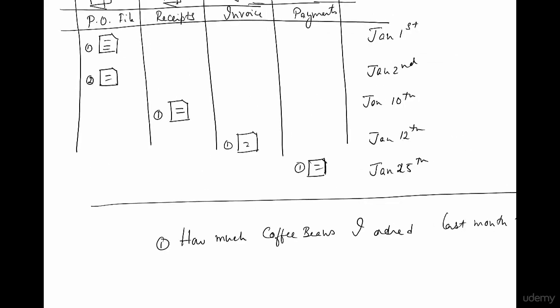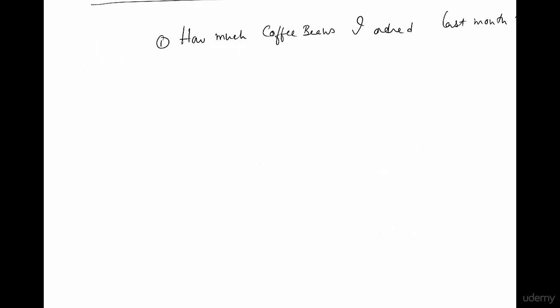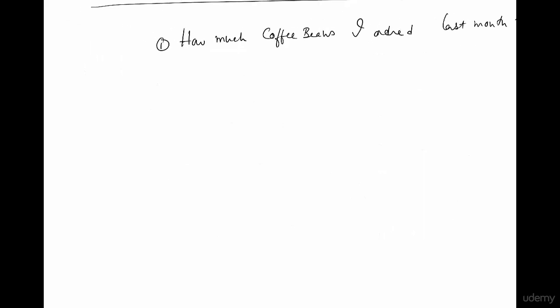Yes. All I have to do is go to this file, pick up all the purchase orders that I've sent to the vendor, created in the last month, sum it up, and look for the coffee bean items, add them together, right?